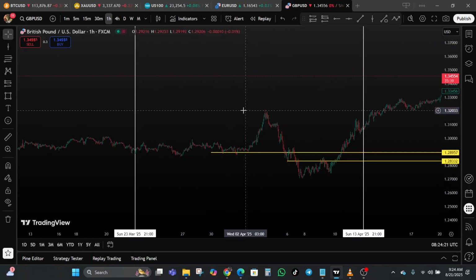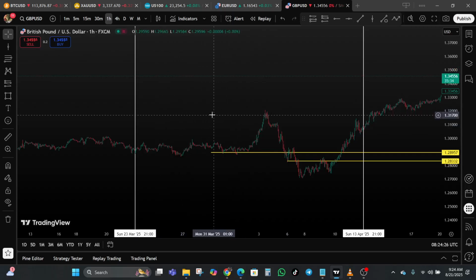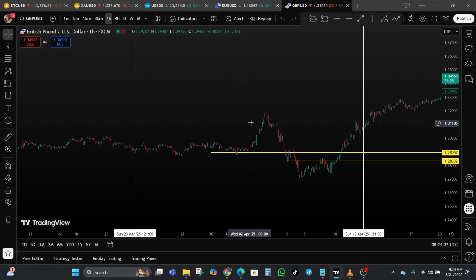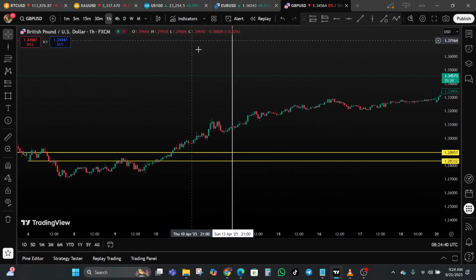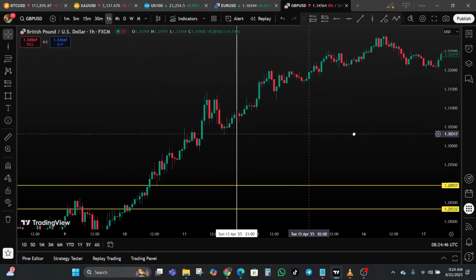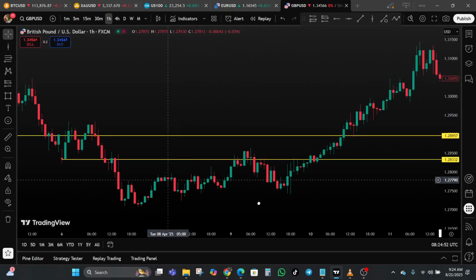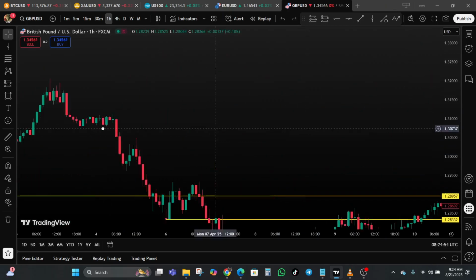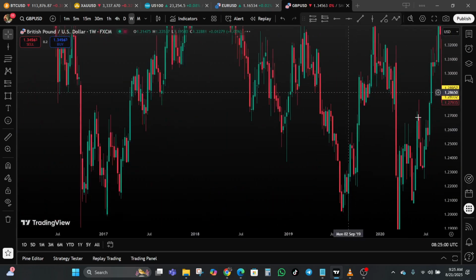This was the 31st, 25, 26, 27, 28, 30. So this should be the zone. It seems like this broker filled up the space, because we ought to have a visible gap. It's just simple mathematics.